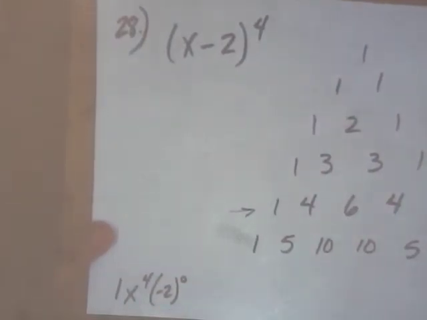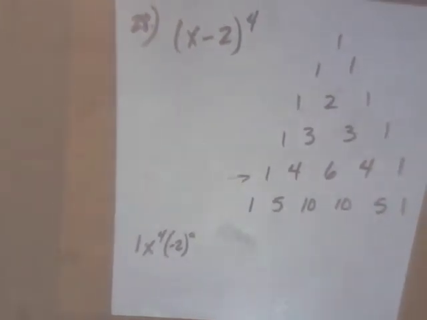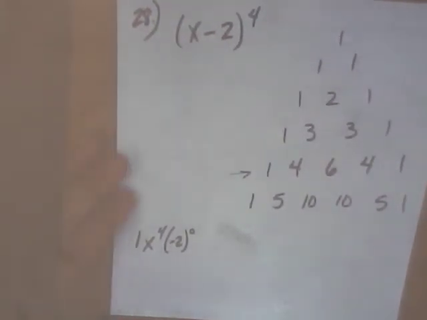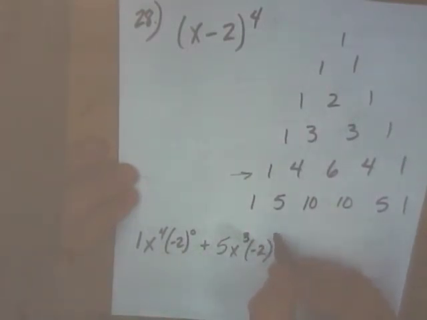What does the C stand for? The coefficient, that's all it is. Plus 4 x cubed, I'm going to decrease the x's and increase the negative 2. Negative 2 to the first power. We're using this row.